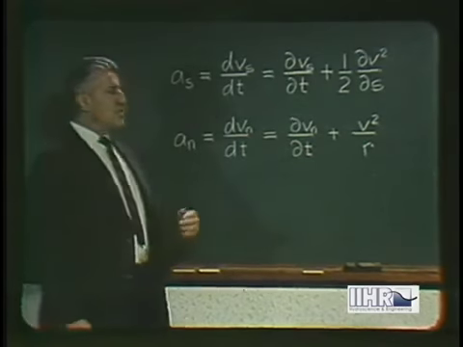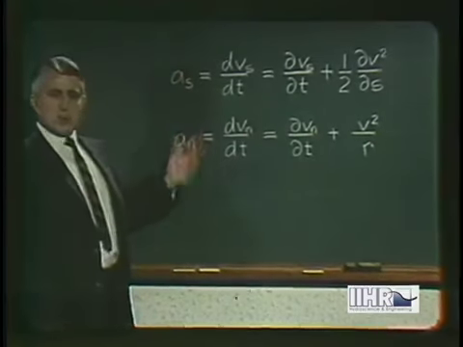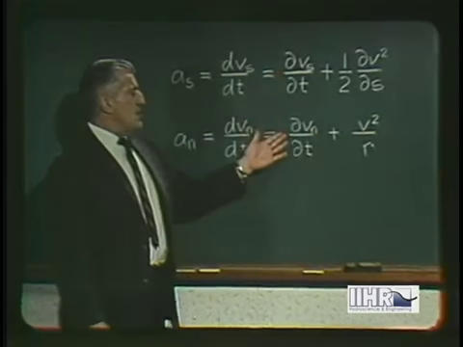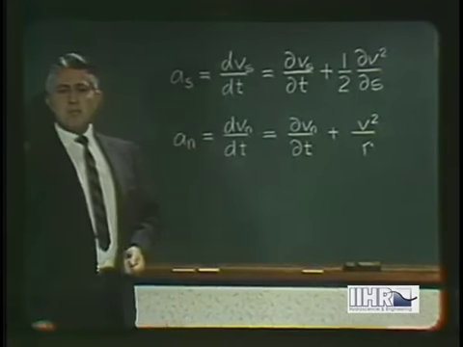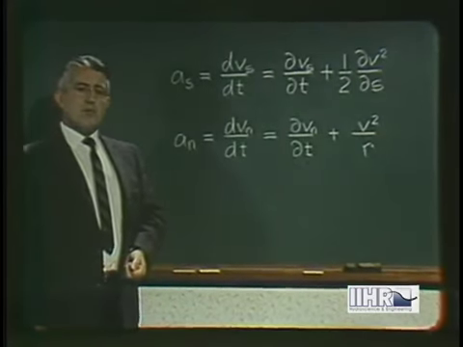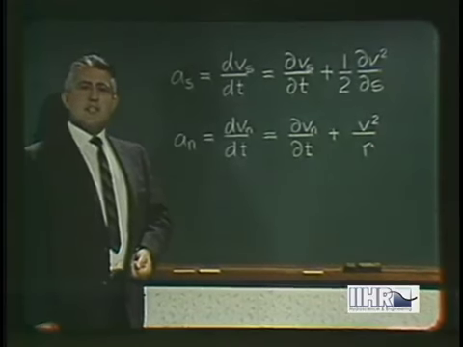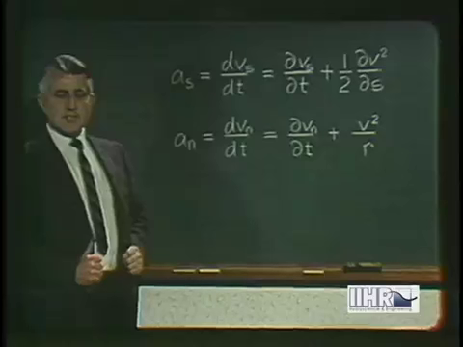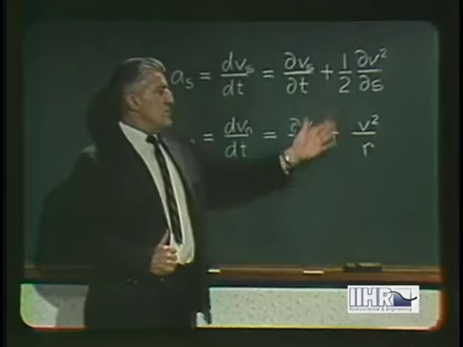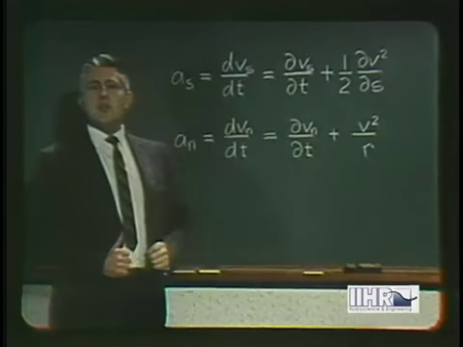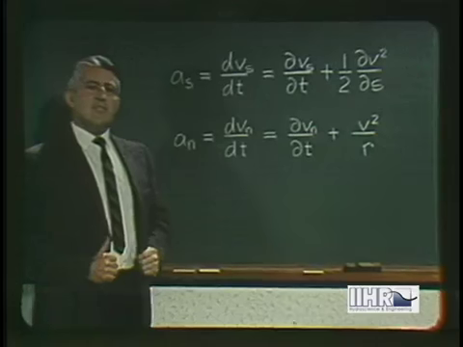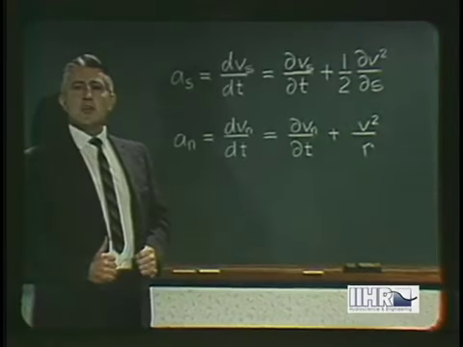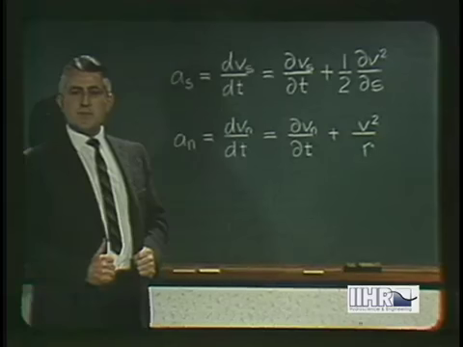In these two equations for the tangential and normal components of acceleration, the first terms at the right represent the part played by the unsteadiness of the flow, the variation in velocity at each point with time, called local acceleration. The last terms measure the part played by the non-uniformity, the variation in velocity from point to point along each streamline, called convective acceleration.